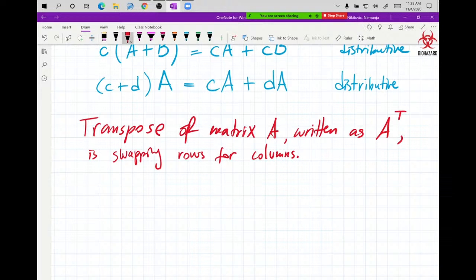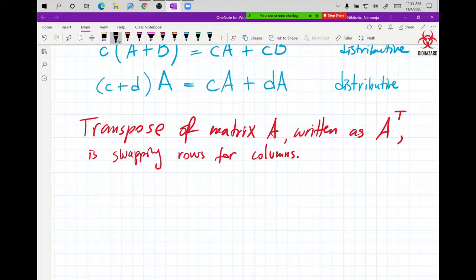I should add "and vice versa," but I don't need to, because as soon as you put rows as columns, then columns have to become rows. So all you need to do is swap the rows into columns.